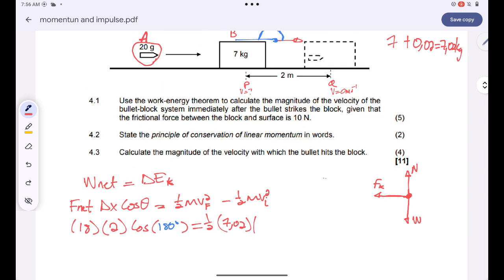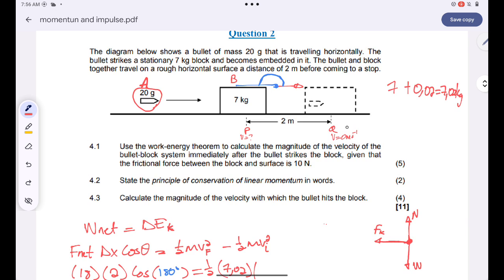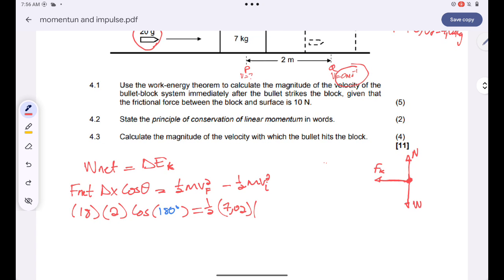The final velocity of the bullet block system is 0 meters per second. Why? Because it will eventually come to a stop. I have 0 meters per second, 1 over 2, 7.02.